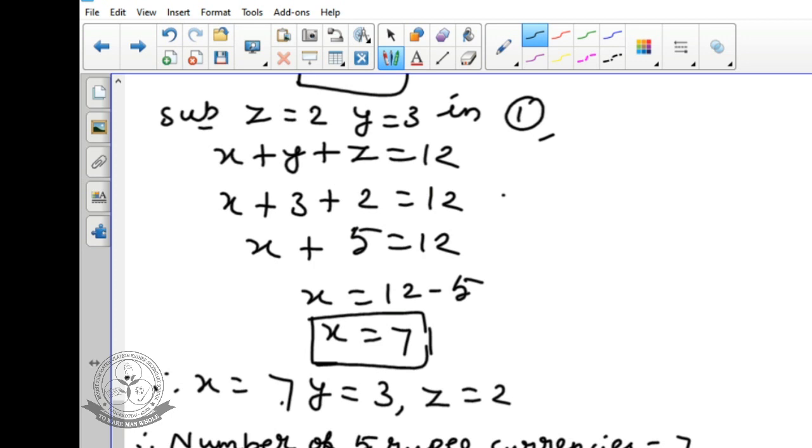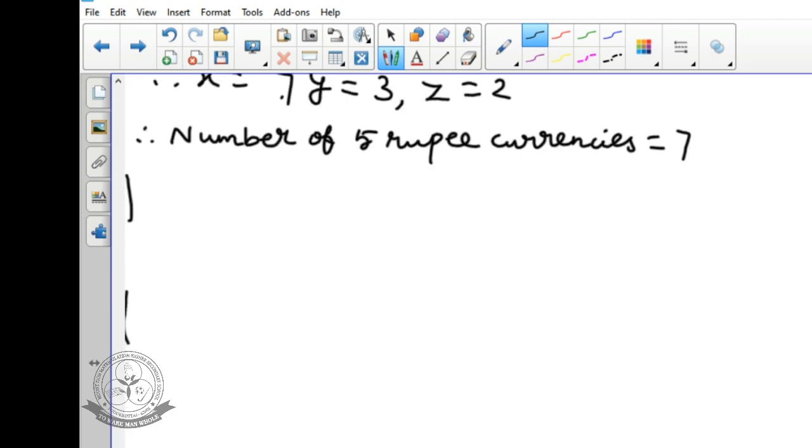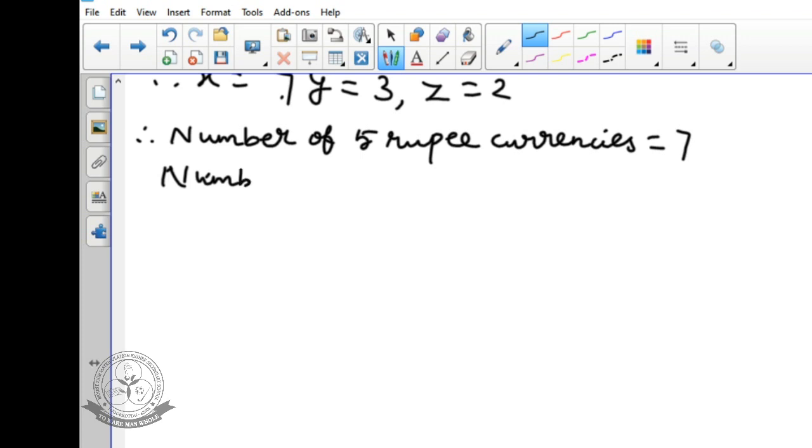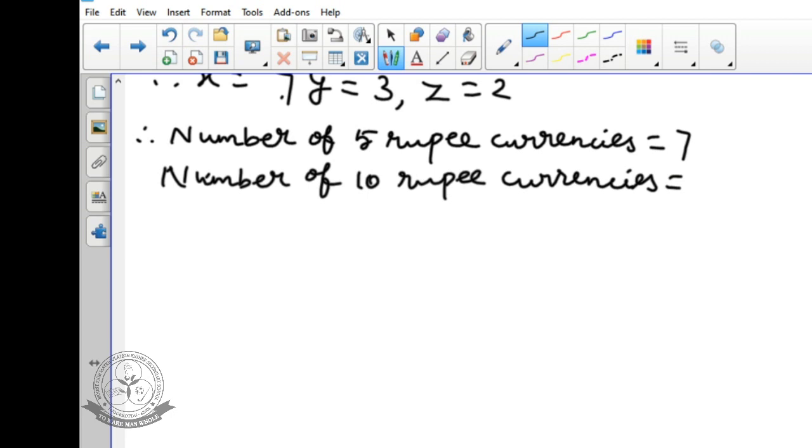Next, number of 10 rupee currencies equal to the y value, 3.